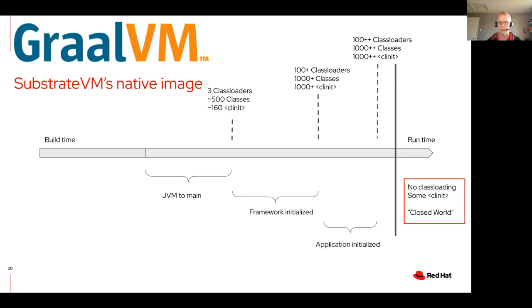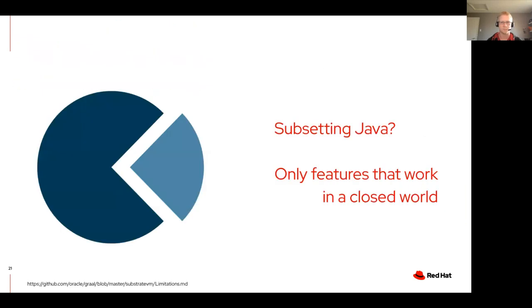But in order to do that, you have to accept some limitations. And really what this ends up with is that the subset of Java that's usable in the native image is less than what you can use in the full Java spec.